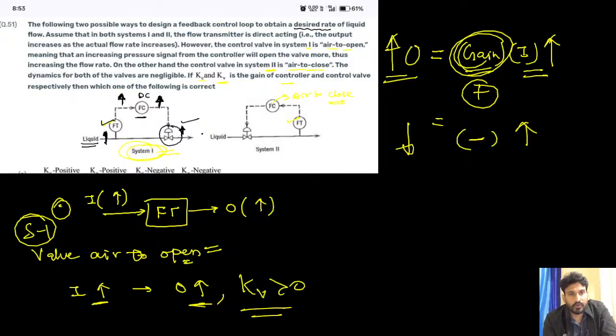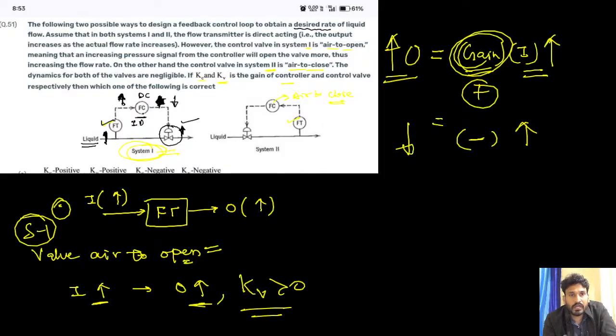It disturbed more. Okay, do one thing, इसको indirect रखते हैं. Indirect means that if the input of the FC is increasing, then due to this indirect acting, my output will decrease. If my output decreases, the valve will basically close and I maintain the desired value.